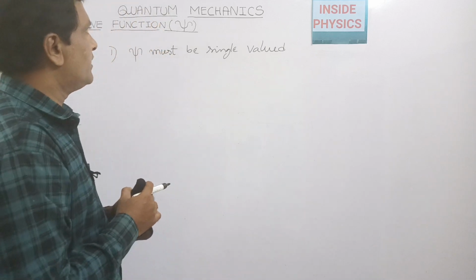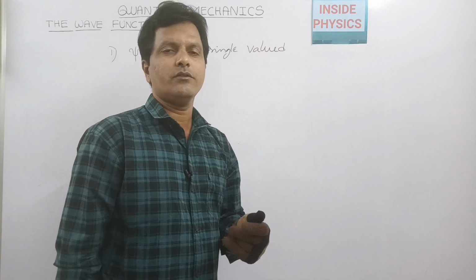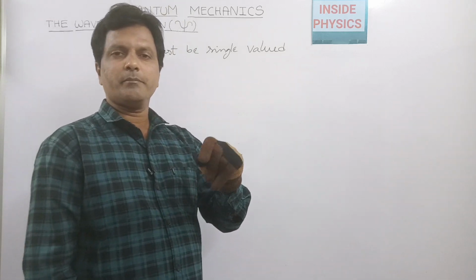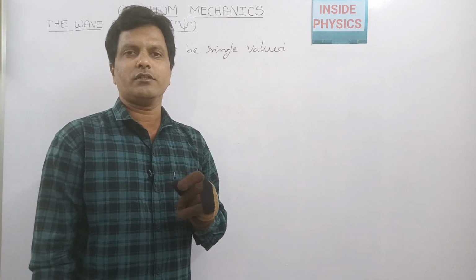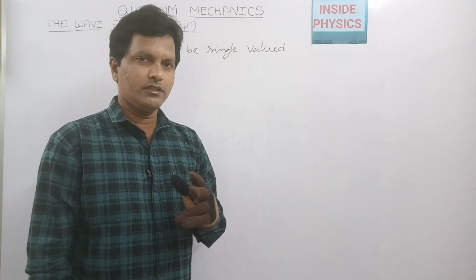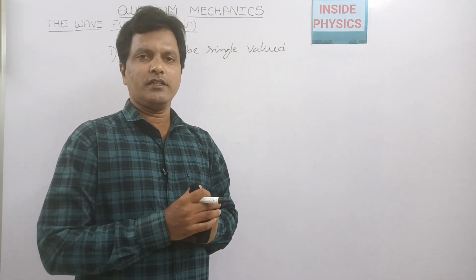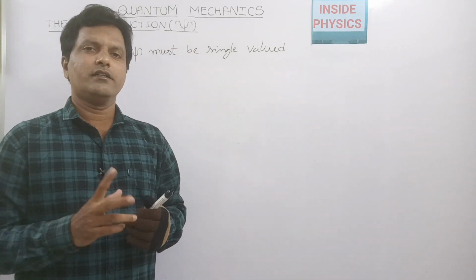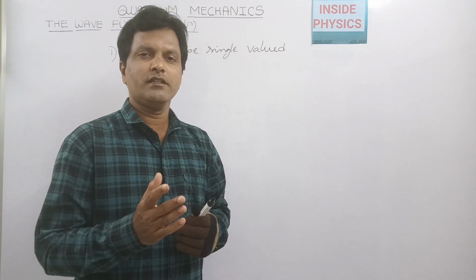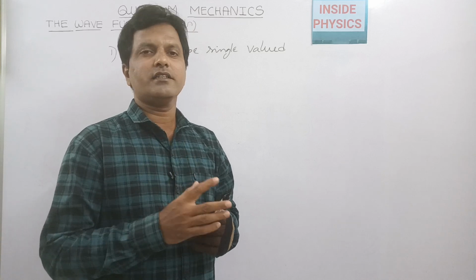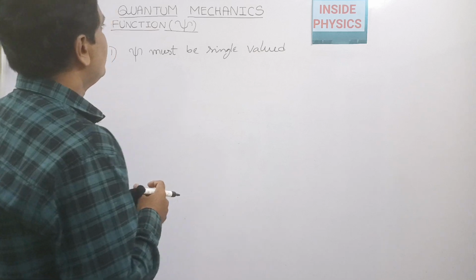It is practically not possible. So psi must always have a single value at a particular position and particular time. We are not talking about the exact position of the particle. We always talk about the probability only, because the Heisenberg uncertainty principle says that the probability of finding a particle always has an uncertainty in it. So psi must be a single valued function.